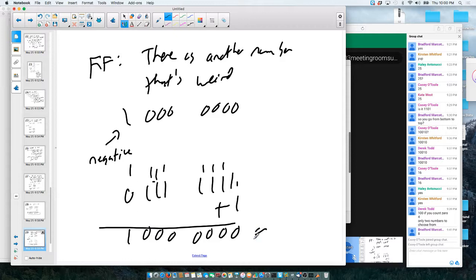Hey, look, I got the exact same number back. So this is defined to be negative because it starts with 1. It's negative 128. This is the guy that doesn't have a positive pair. It's a special weird artifact of 2's complement, and the fact that 0 has no match.